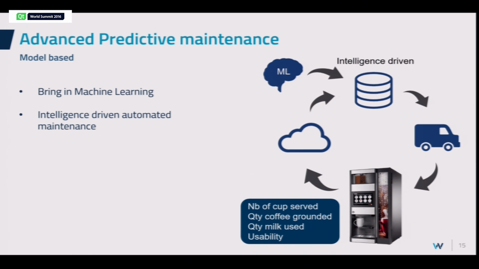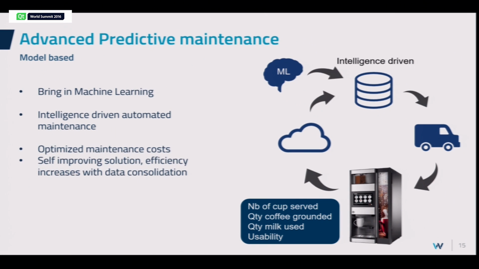We actually output the same data from the machine, just adding this brick. In that case, like for your car, the maintenance costs are optimized because you don't need to go there every time. You just need to go when there is a very high chance that you will have, or you already have, a problem on your machine.